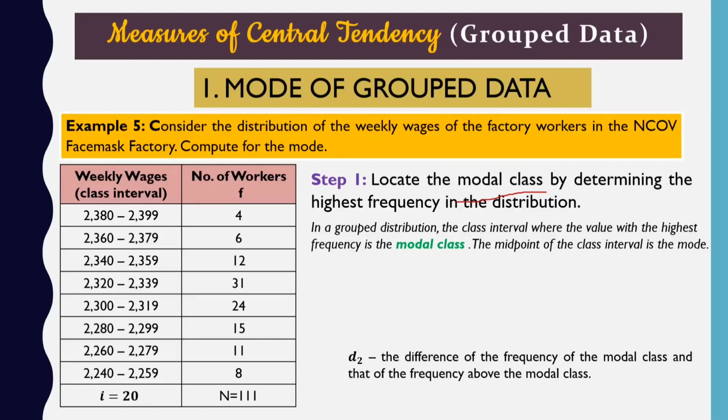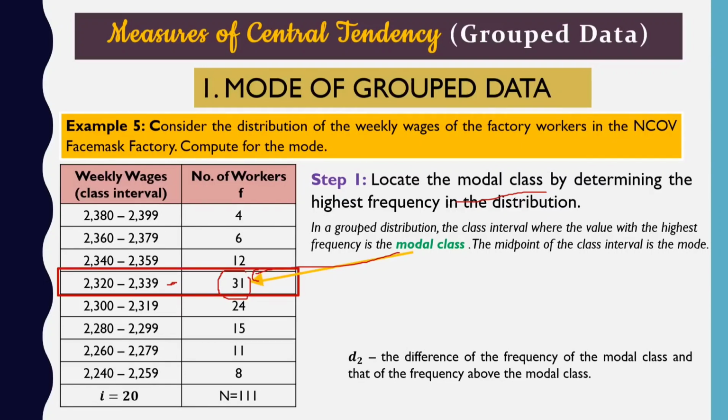Looking at our table, the interval with the highest frequency is this, 2320 to 2339, and the frequency is 31. That is then our modal class.